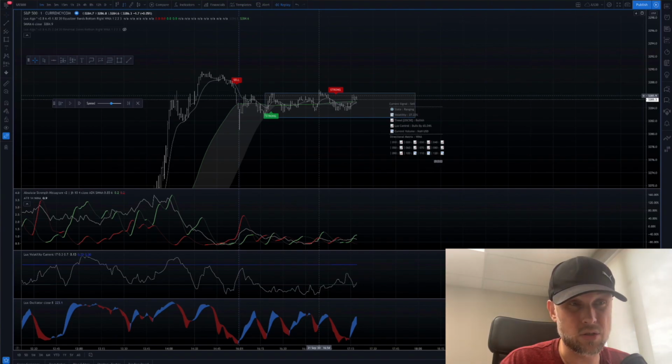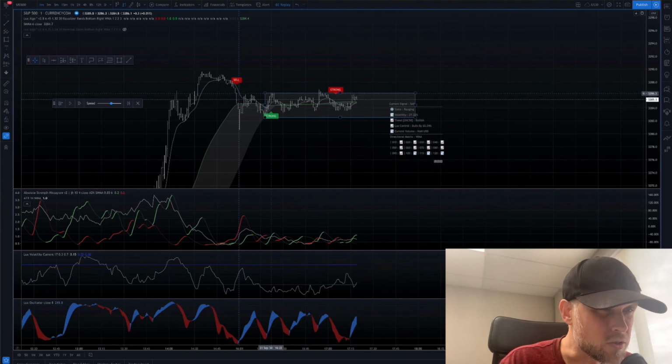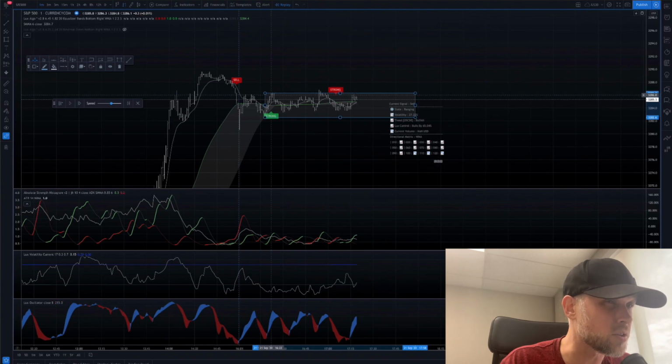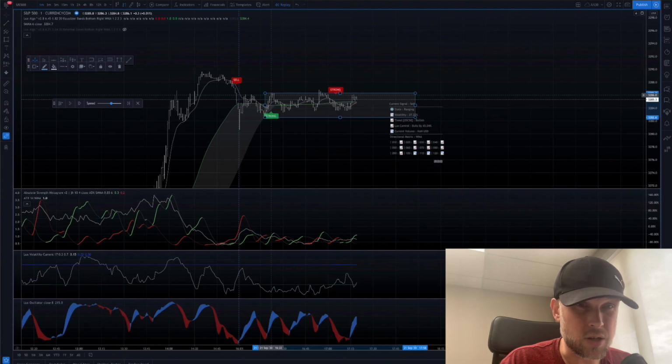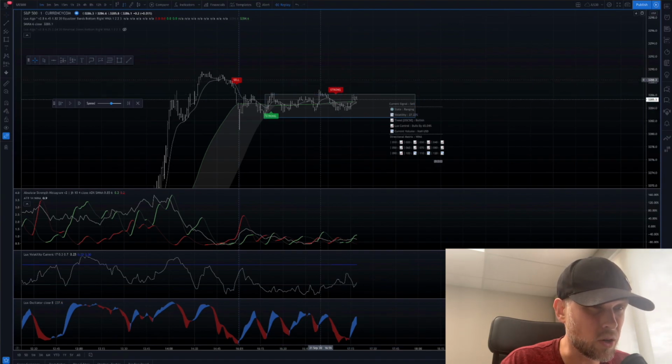This is 3285. No, so actually it did close out. But is that true? Because we have here 3286.1. Okay, so yeah, it closed outside of there, but the volatility was really low.